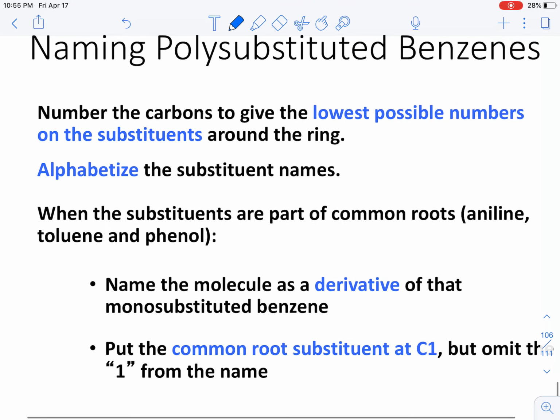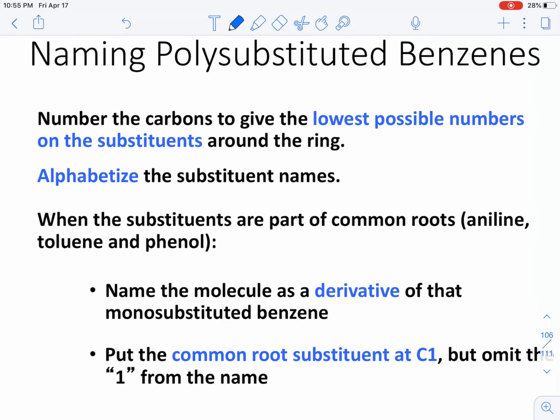All right, so let's talk about naming polysubstituted benzenes. Generally the pattern for naming these polysubstituted benzenes is very similar to what we've done for cycloalkanes, alkanes, alkenes, alkynes, the list goes on. However, there are just some reminders, maybe some subtle differences between the two.